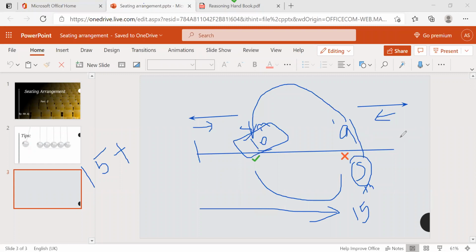So here also some people will be there, right? From here also some people will be there. Now, what's the new position of Sheetal? Up to this is 15 members. And here, right side to this person, Lena.